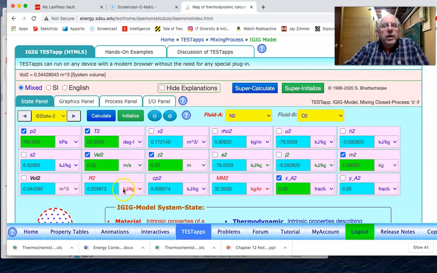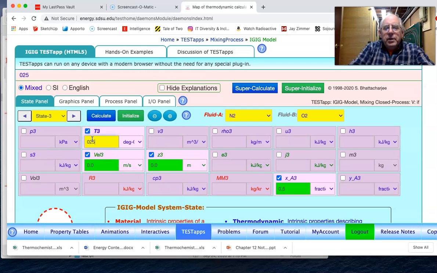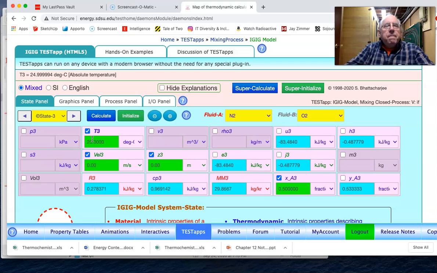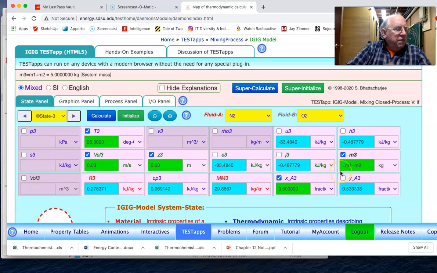And so now we're ready to go to state 3, and what we know about state 3 is that its temperature is equal to 25. We also know that as it mixes together, the final mass is equal to mass 1 plus mass 2. And so our final mass is 3 plus 2, or 5.